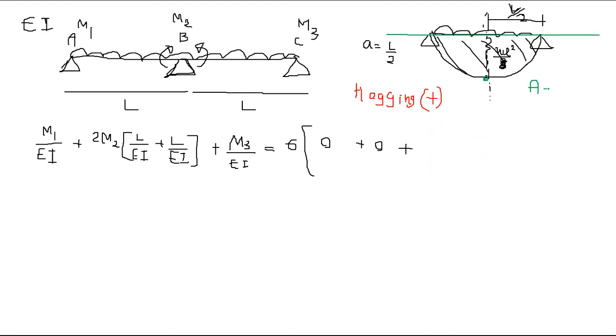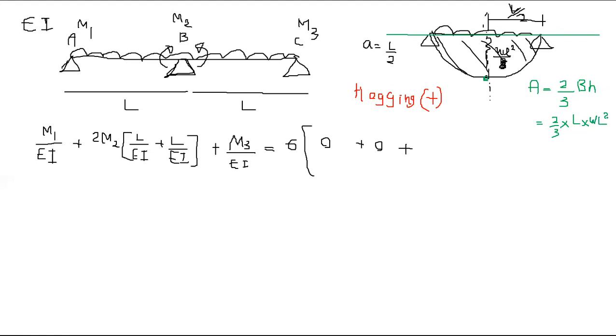So if it is a curve, the area is 2/3 times B times H, where B is the length and H is the height. B is the length L, and H is the bending moment WL squared over 8.